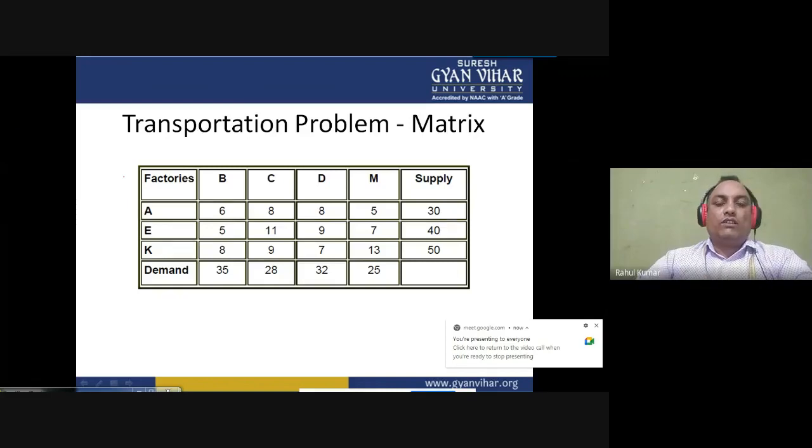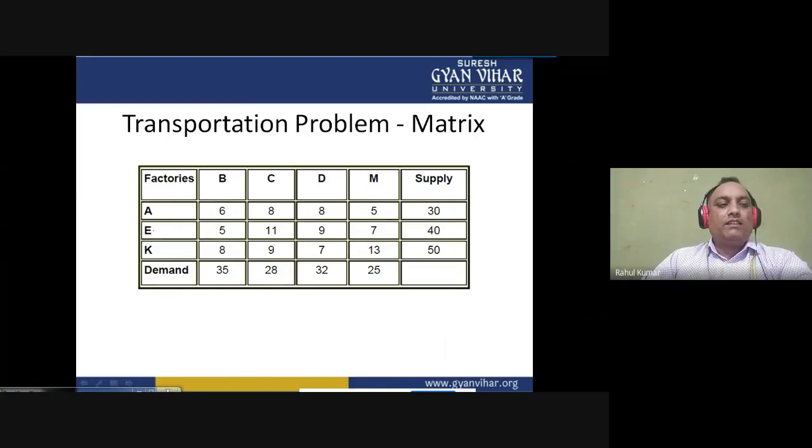So I will solve this problem with the help of the northwest corner rule method, and this is the allocation of factory. Here is the supply, and here is the demand of this problem, and these are the number of units allocated to different factories, right?